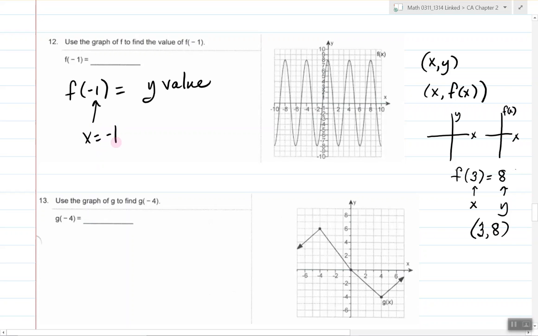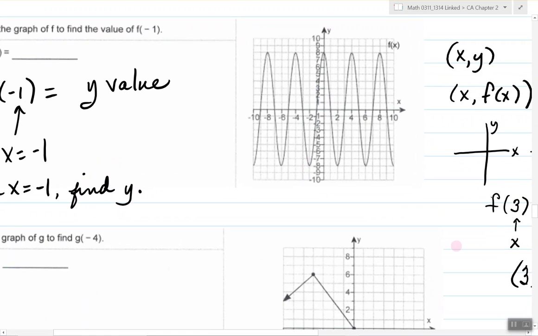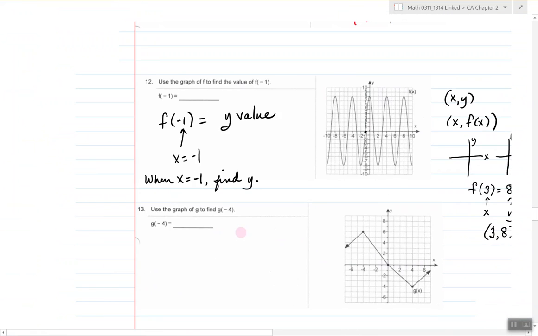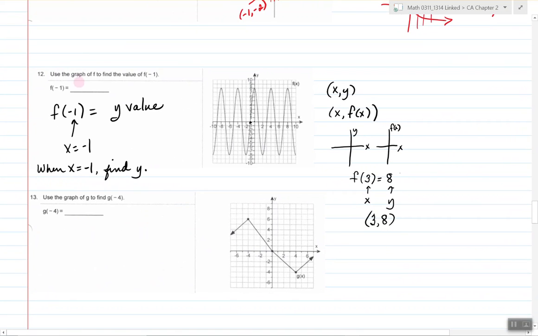So this question could be restated: when x is -1, find y. So looking at this, here's my 0, 0, when x is negative 1, it looks like it's hitting the x-axis, so f of negative 1 is 0. The point is negative 1, comma 0. There's your x. There's your f of x.